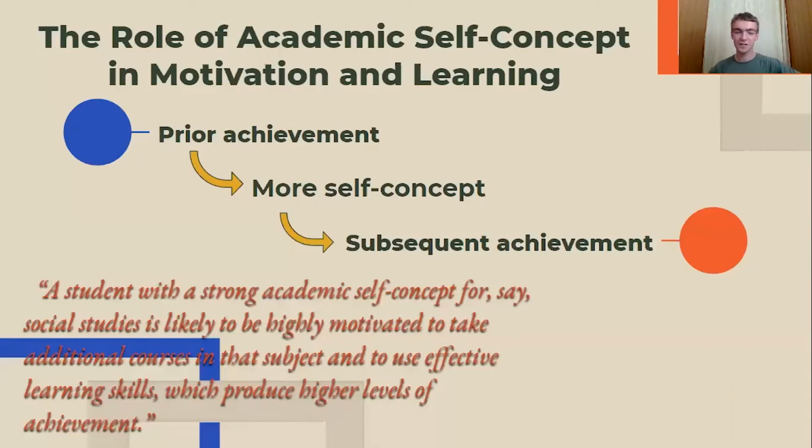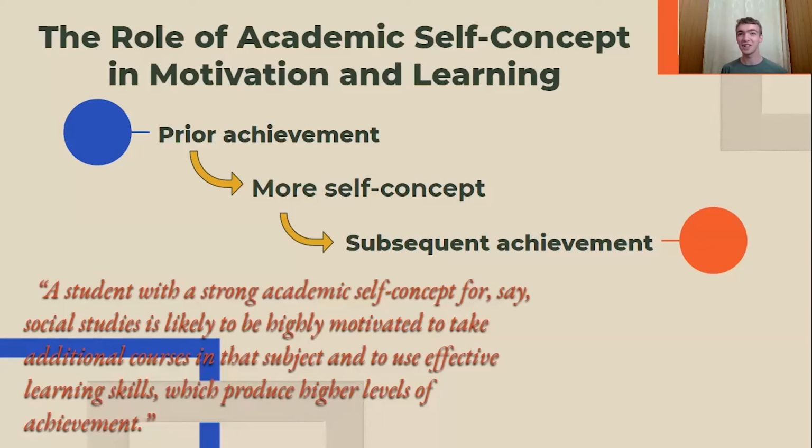So the role of academic self-concept in motivation and learning is that prior achievement leads to more self-concept, which leads to subsequent achievement. So, for example, I'll use the example of I'm bad at talking to people because I have personal experience with that one.